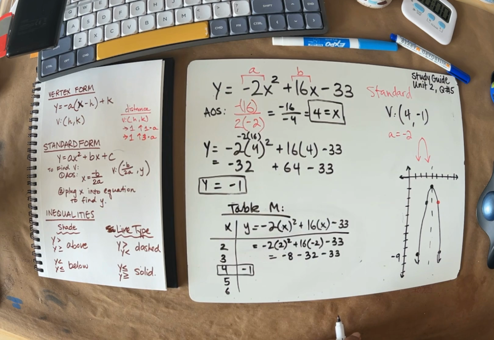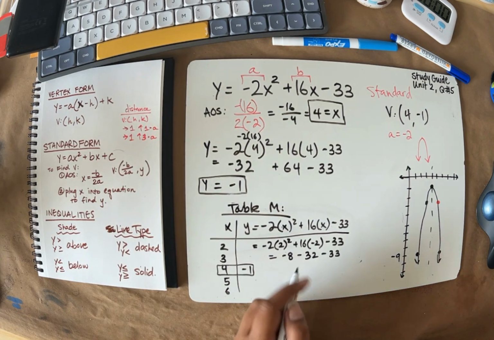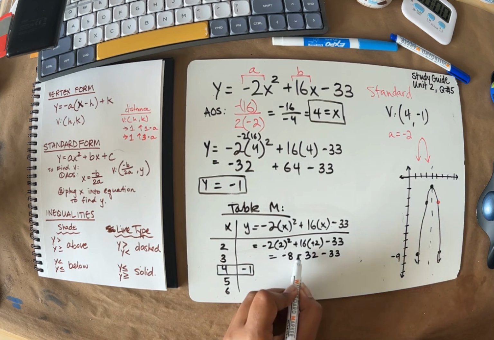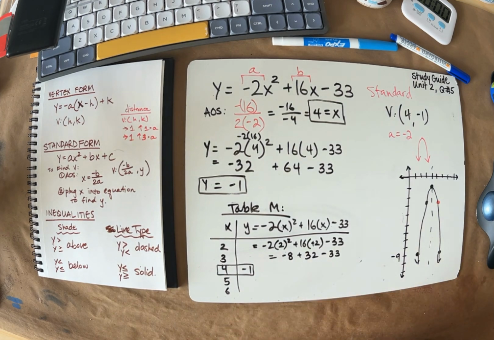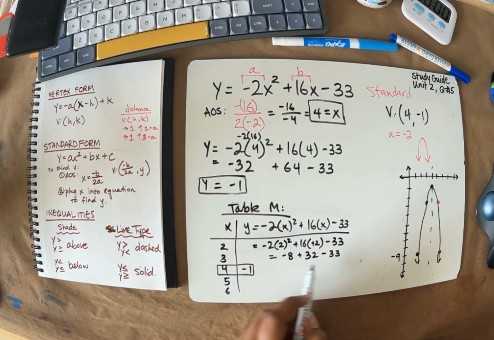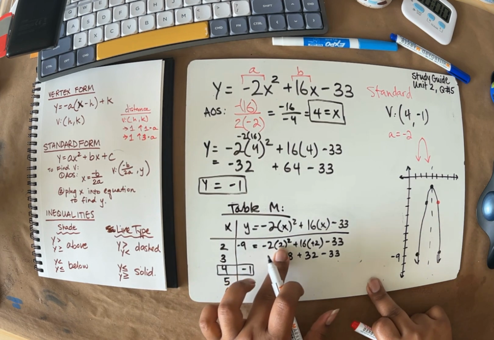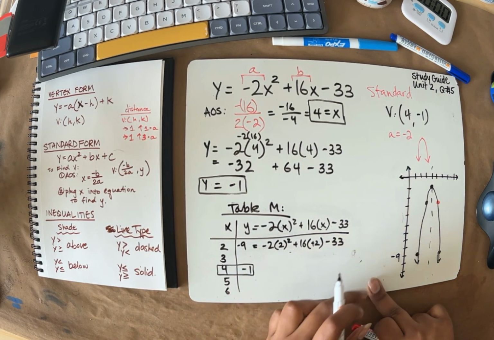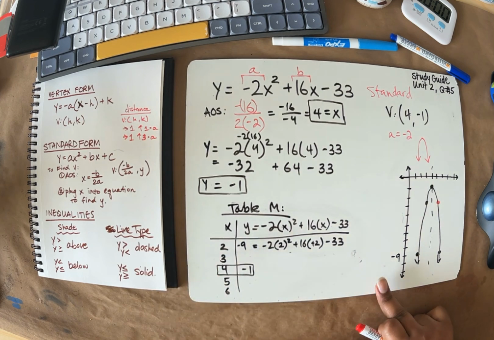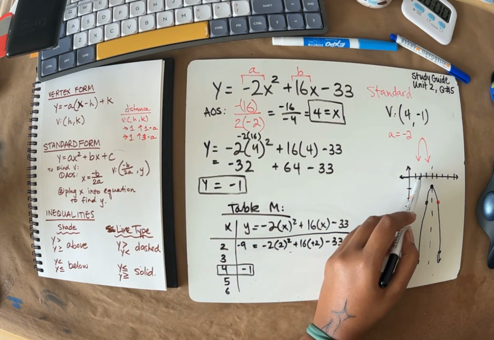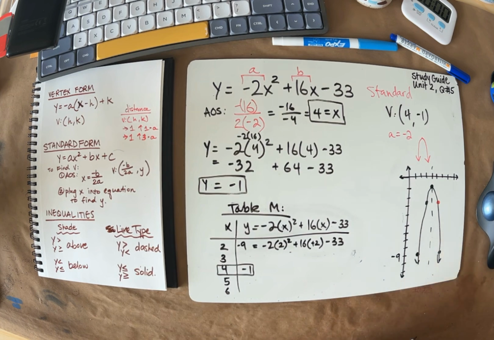Why does that feel super wrong? Oh, because I'm putting in a positive 2. This is positive 32. Thank you. Okay, so 32 minus 33 is negative 1. Plus negative 8 is negative 9. So I have negative 9 as my y value when I plug in x is equal to 2. 2 comma negative 9, correct, I have one there.